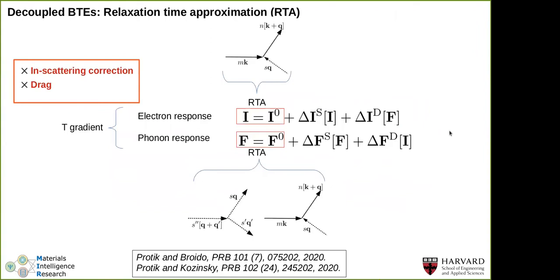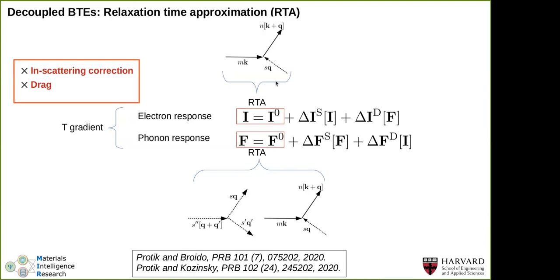But I will zoom into just the temperature gradient set of equations to give you an idea of what each of these terms means. If you restrict yourself to just the first term of these two equations, you would have two decoupled equations, and you would be in what is known as the relaxation time approximation, or RTA.